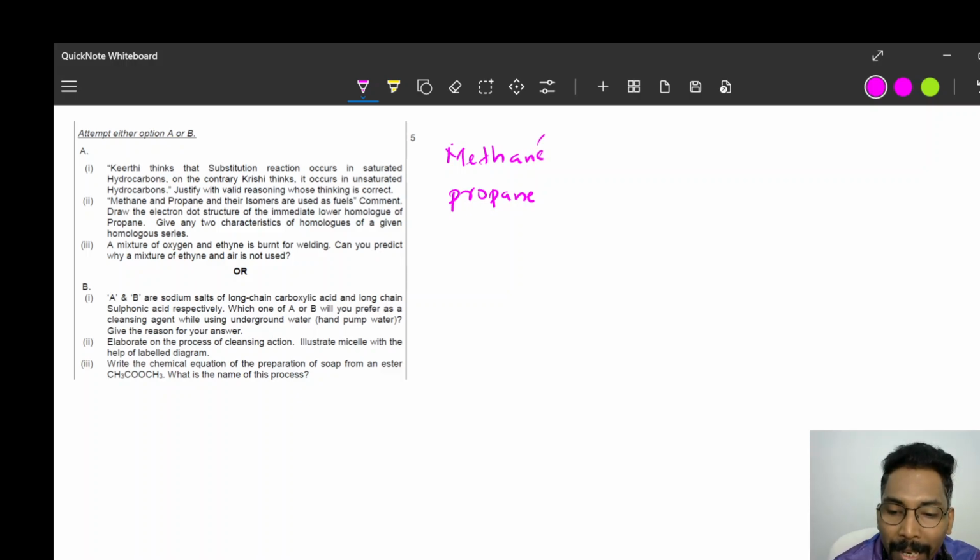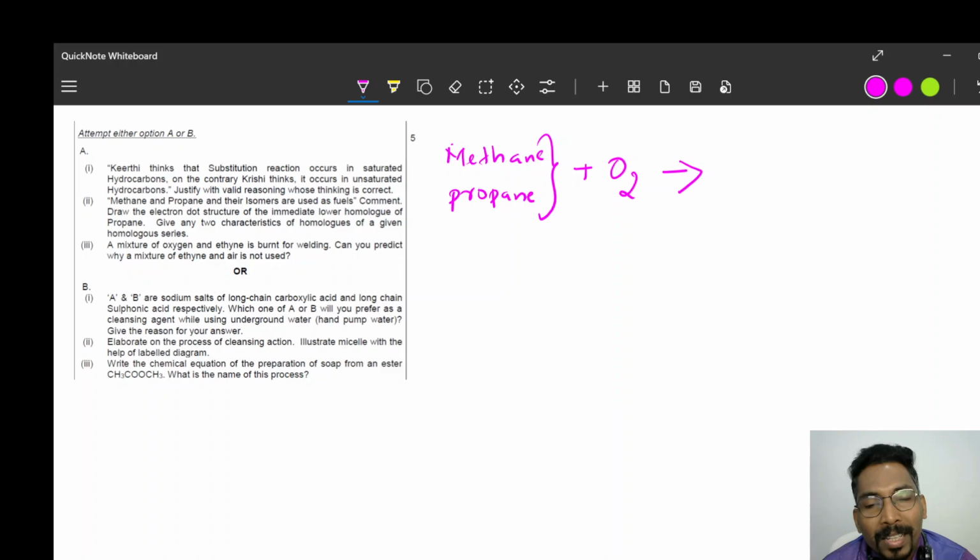So methane, propane and their isomers on burning with O2, complete combustion, release a large amount of heat plus carbon dioxide plus water vapors. That's why they are used as fuels. I hope all of you are clear.